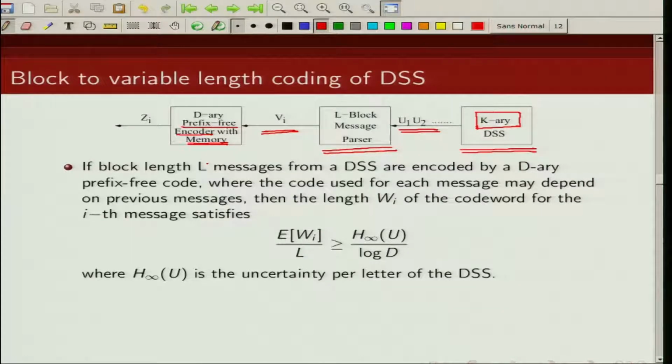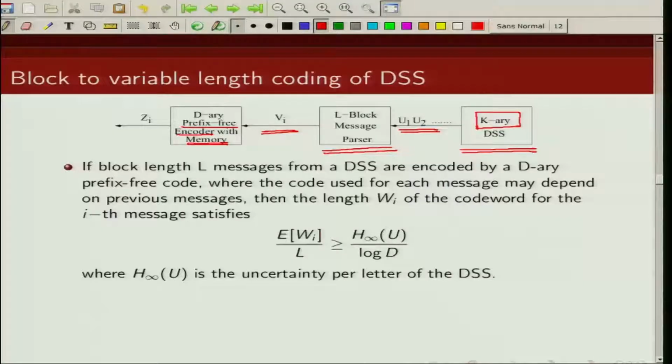So that's the difference from the discrete memoryless case. In the discrete memoryless case, once we parse them into blocks of L bits, then we do prefix free coding. But here we need to do prefix free coding exploiting the memory of the source.